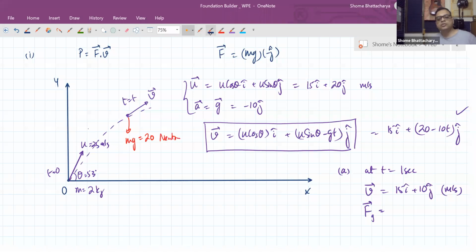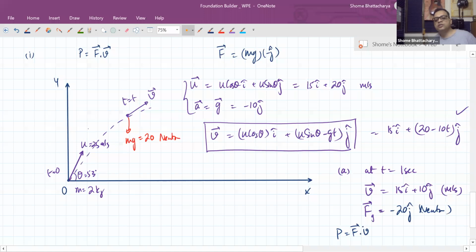Here we will substitute this as minus 20 j cap in newtons. The instantaneous power, we just take the dot product of these two, and you will see that this becomes minus 200 watts at the instant t equal to 1 second.